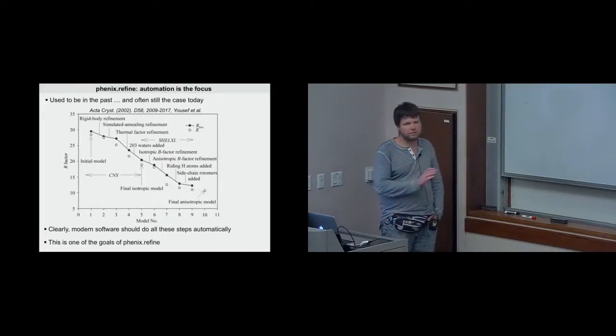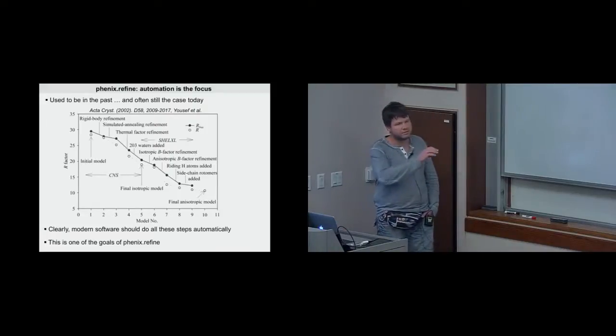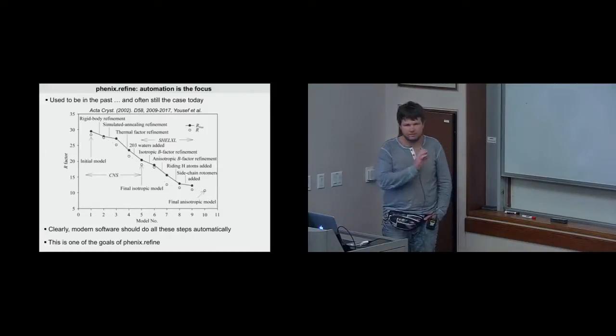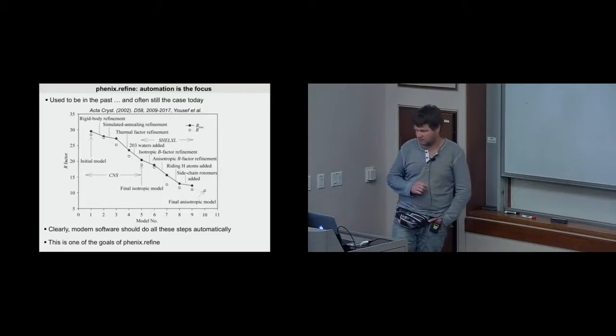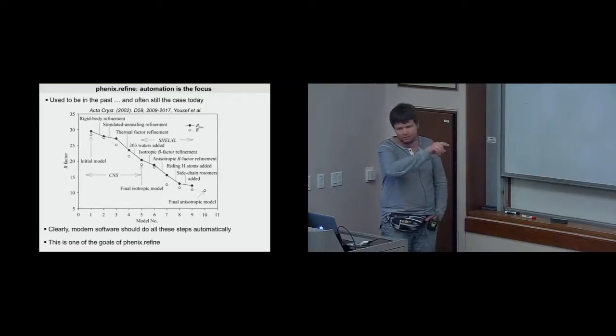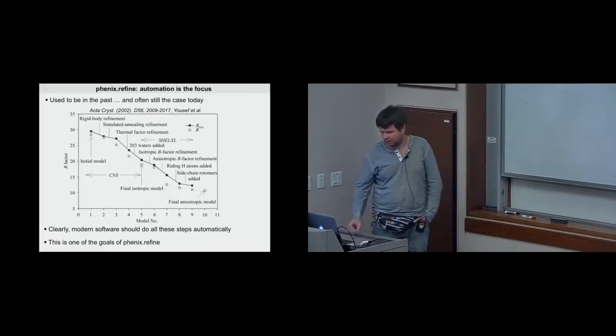So clearly with today's tools and software, we can do all the steps automatically. And that's essentially the goal of Phenix.refine. So why don't we just do all the steps fully automatically as part of one refinement run? So that's the Phenix.refine philosophy.